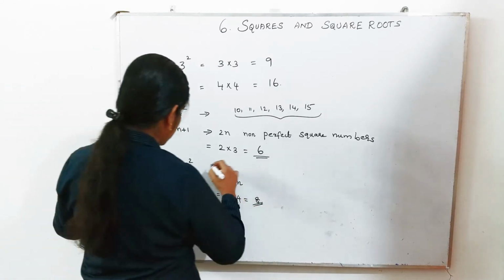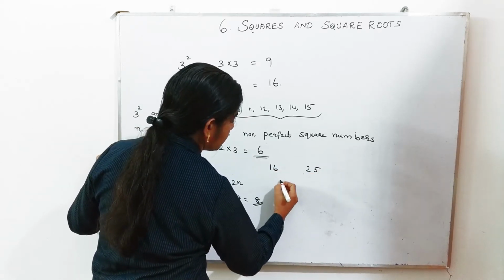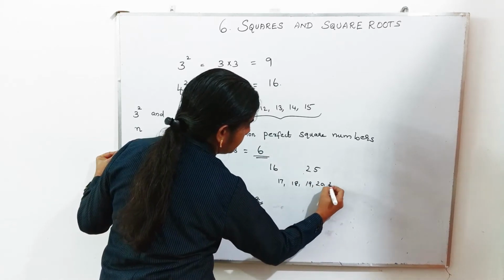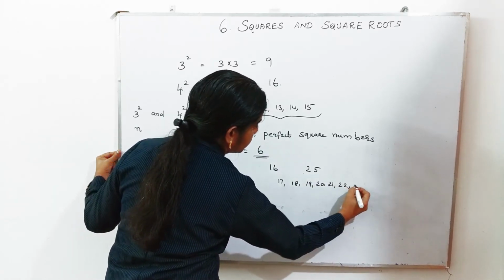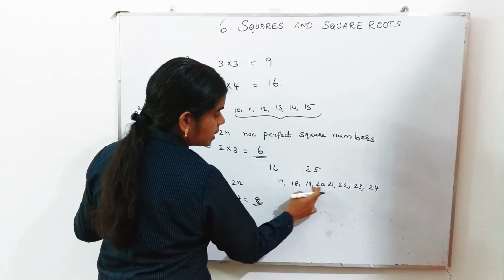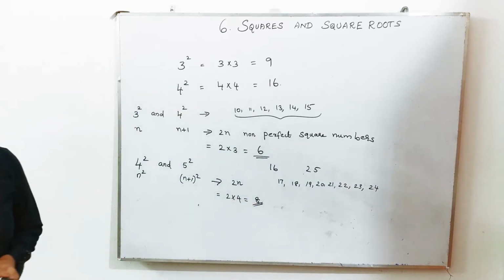Just we can check. 4 square means 16, this will be 25. Then in between 17, 18, 19, 20, 21, 22, 23, 24. How many numbers? 1, 2, 3, 4, 5, 6, 7, 8 non-perfect numbers are there.